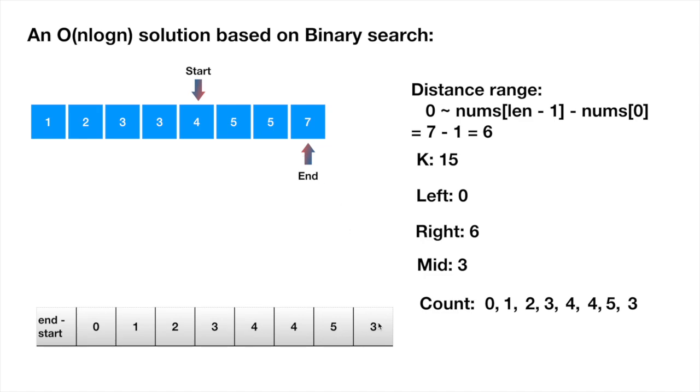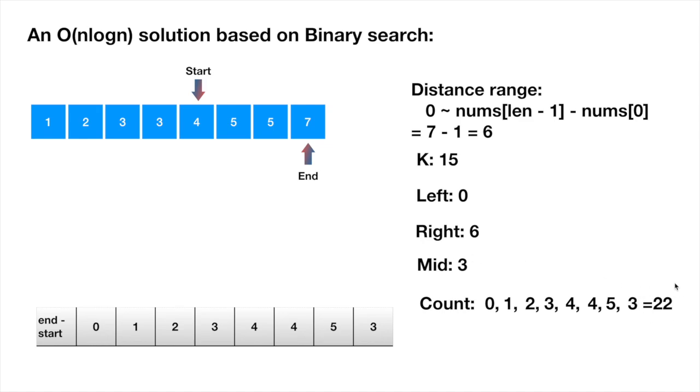So the count is 3. Finally, we calculate the total count, 22. It means that when the distance is smaller than or equal to 3, we have 22 distances.